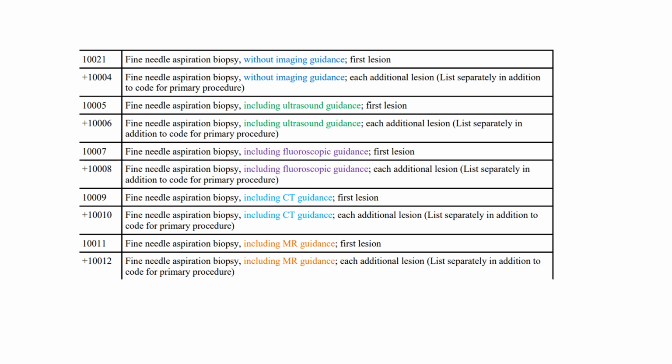For example, if the patient has two lesions and fine needle aspiration is done on both without any imaging guidance, for the first lesion you code 10021, comma 10004. Using these codes they can understand that fine needle aspiration biopsy without imaging guidance is done.